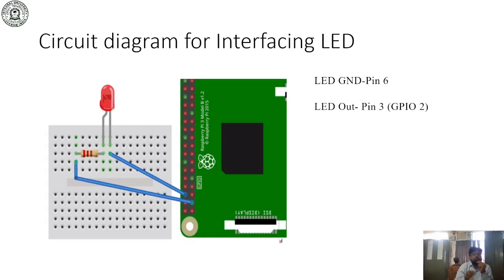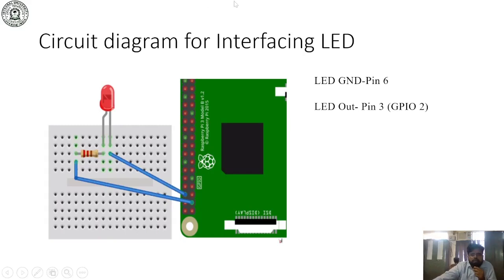As I have already explained, in programming we can use the board pin numbering or the BCM numbering. If you are using the board pin, this is pin number 3, and if you are using BCM, then this is GPIO pin number 2. So this will be the connection.